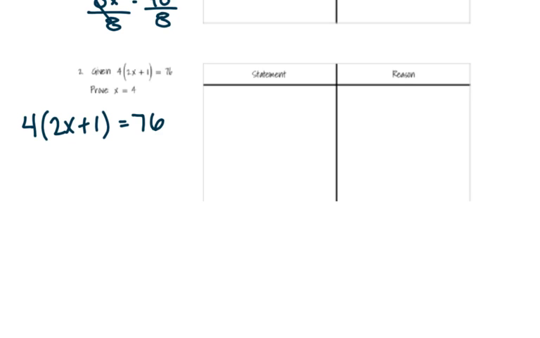Okay, so the first thing we have here is this, and we want to get x by itself. So 4 times... we're actually going to distribute here, so that we can keep solving the problem. So we're going to start off with what we're given: 4 times 2x plus 1 equals 76.